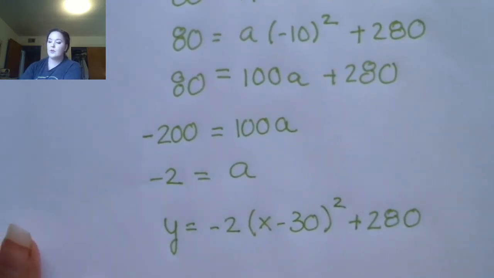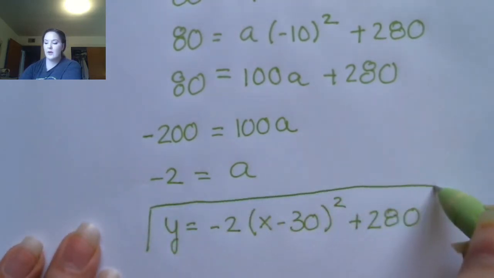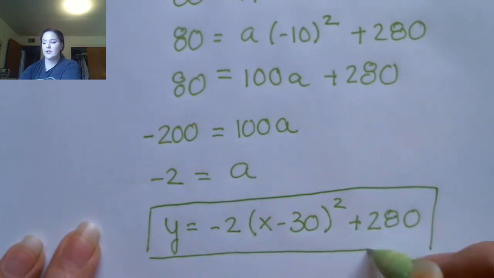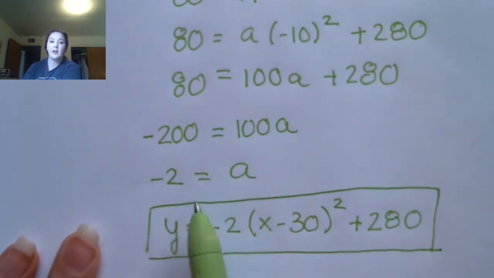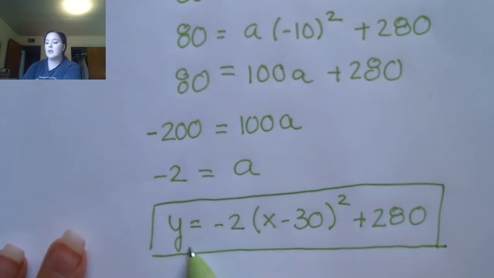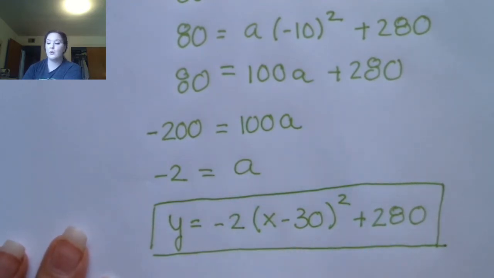For these, you're writing a quadratic equation, so your answer should always be an equation like this. Sometimes students get confused and think they're solving for a, but your final answer is the equation, and in this case, it's in the vertex form. So here's my vertex, and then we solve for a using that second point that we were given.